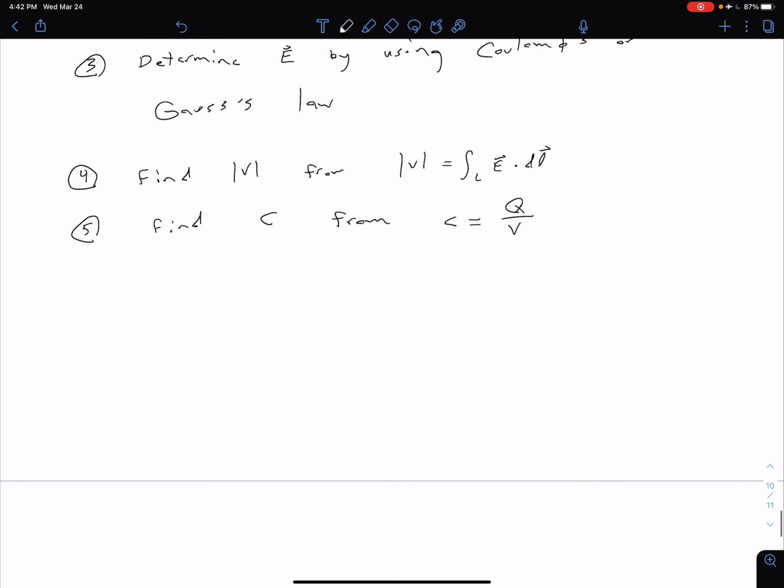So as I mentioned, we can also use our boundary value conditions. So let's say we want to do this with our electrostatic boundary value method or our Poisson and Laplace's equation. In that case, we're going to assume some voltage across the capacitor, and we're going to determine our Q from the voltage.